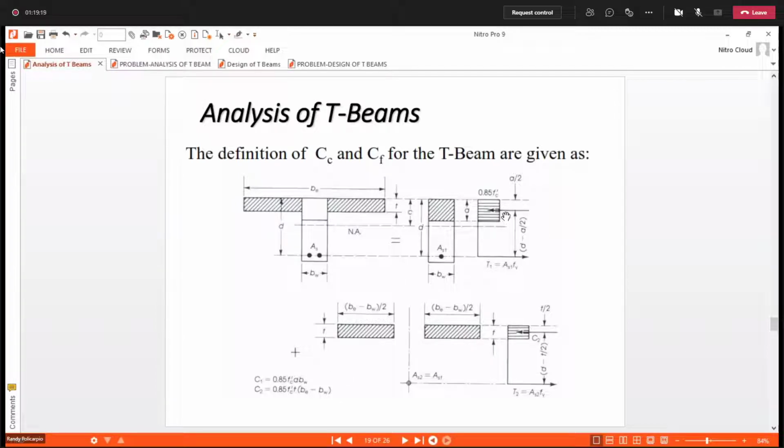Now for the web, it is 0.85 f'c a bw. These are the two divided parts under compression.